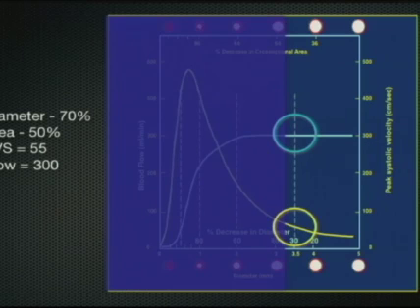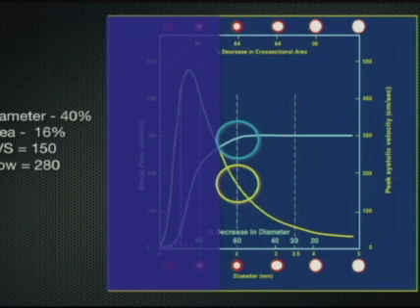At a 30% reduction in diameter, we only have 70% of our residual diameter remaining. Our cross-sectional area, however, has been reduced by 50%. We see a little increase in velocity, but we have no change in the blood flow to the end organ.